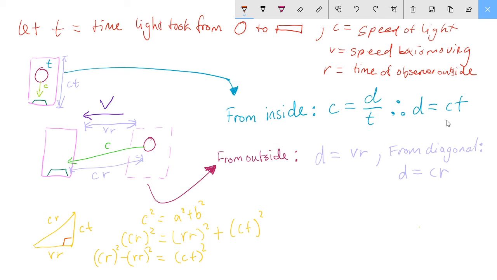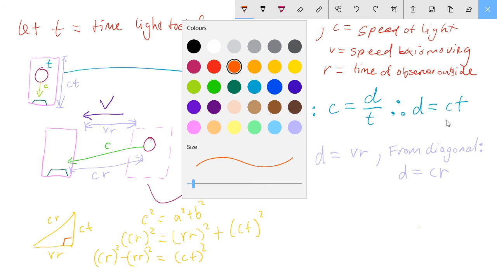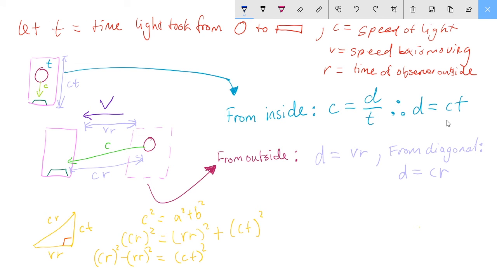Now you can rearrange this algebraically to get r out. First, c^2 r^2 - v^2 r^2 = c^2 t^2.